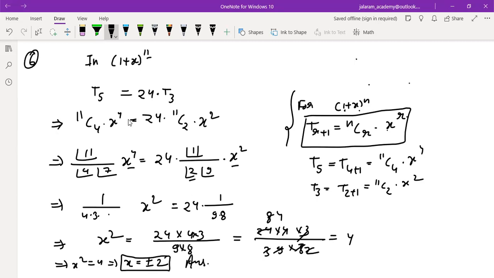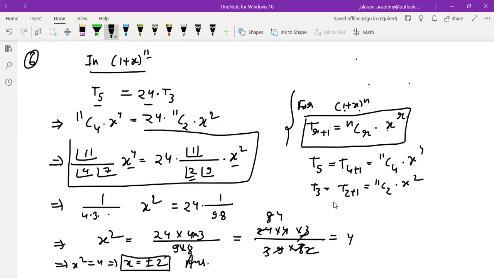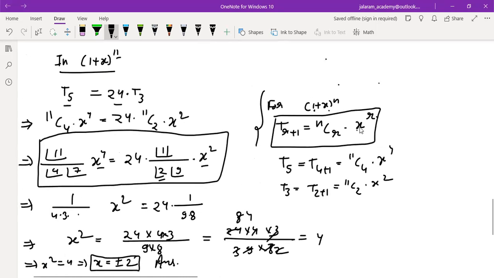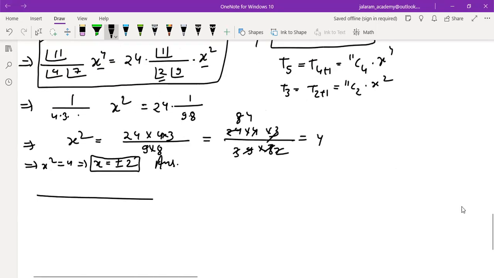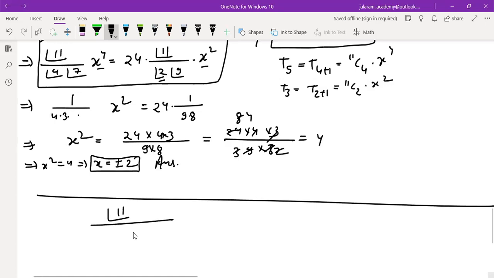Which is the answer in (1 plus x) whole to the power 11, where it is given that the fifth term is 24 times the third term. Now, if you have any doubt understanding this, I am explaining it again, how we have cancelled it on both sides. Look at this. Factorial 11 upon factorial 4 is written as 4 into 3 into factorial 2. We know that 2 into 1 will be the next term. And factorial 7, write it as it is, x to the power 4.